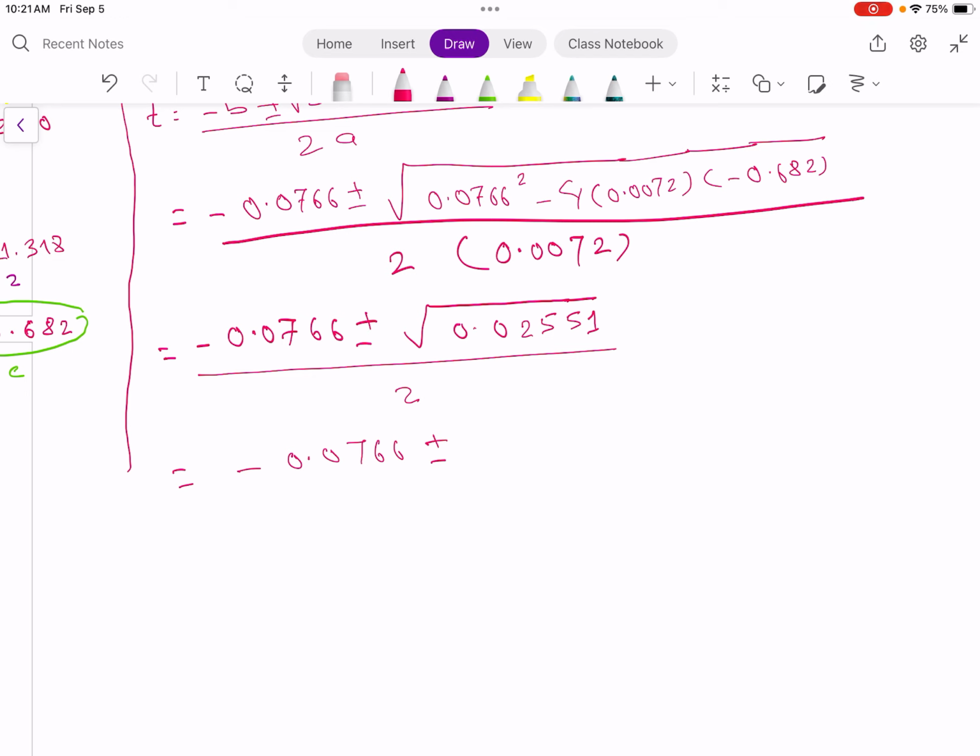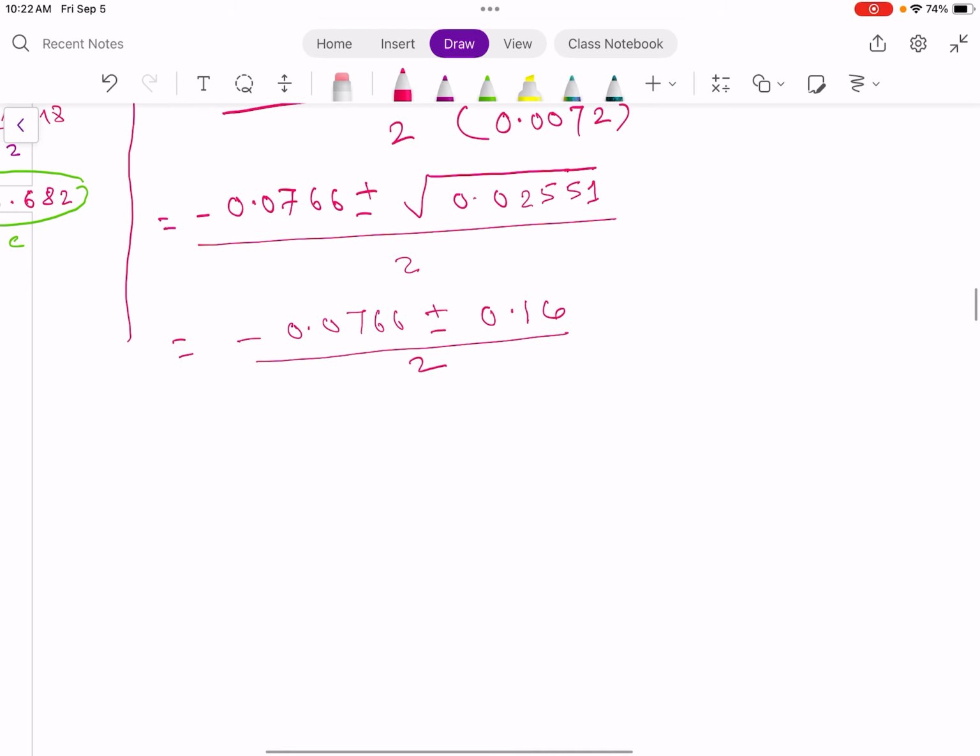So that is 0.16, divided by 2. Now let's take positive at first.